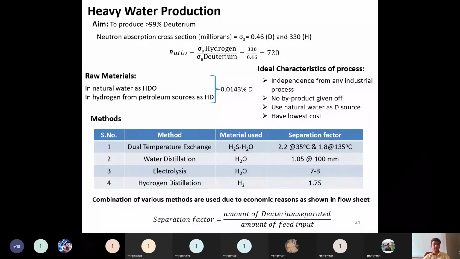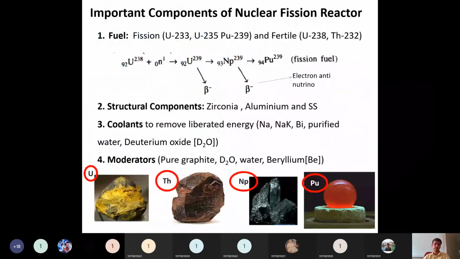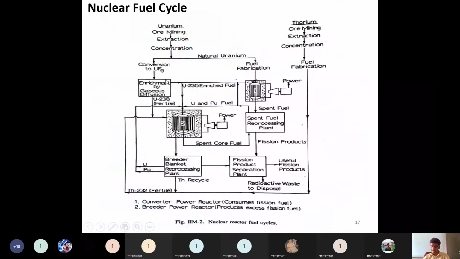Enrichment by gaseous diffusion is not provided in Indian technology. So the use of deuterium permits the use of natural uranium as a fuel for reactors. Without this the flow sheet can also be operated, but we use deuterium oxide in order to permit the use of natural uranium as a fuel for nuclear reactors.